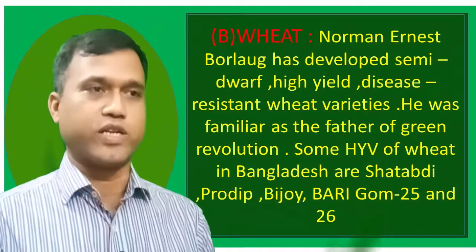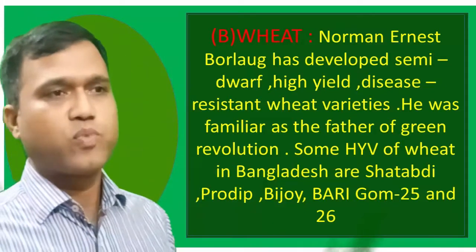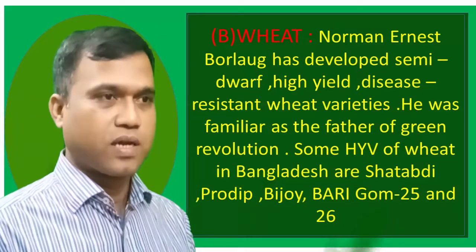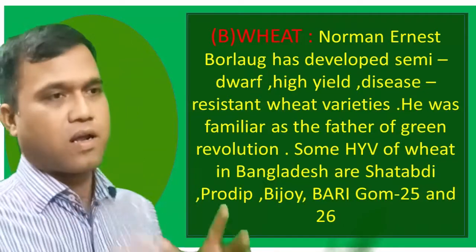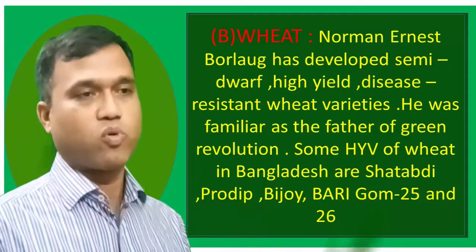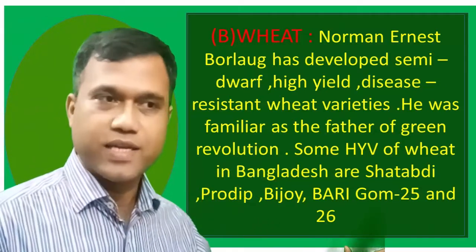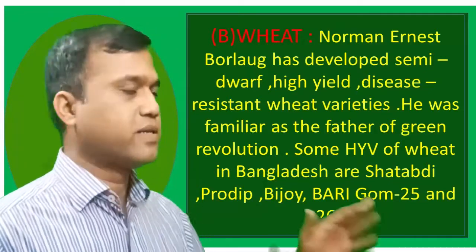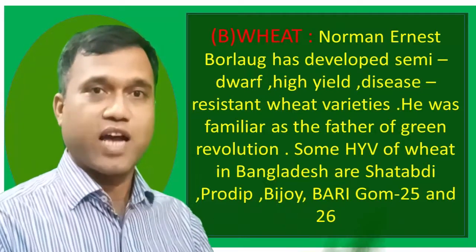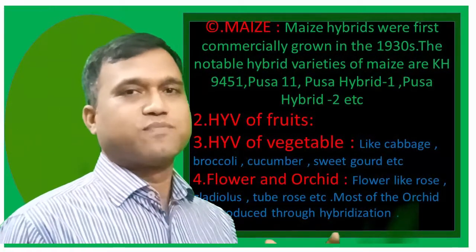High yielding variety of wheat. Norman Ernest Borlaug developed semi-dwarf high yielding disease resistant wheat. He was known as the father of the green revolution. Some high-yielding varieties of wheat in Bangladesh are Shatabdi, Pradeep, Bijoy, Bari Gom 25 and Bari Gom 26. Next crop is maize.